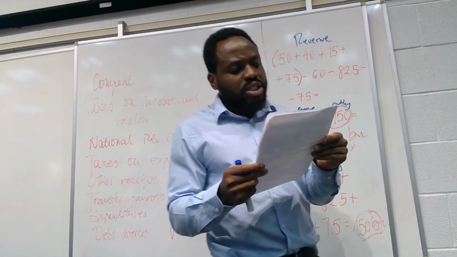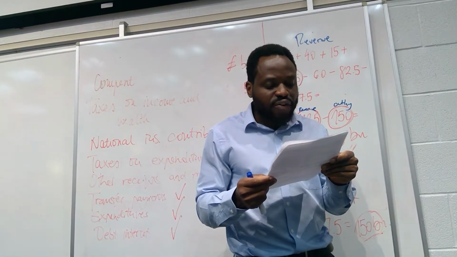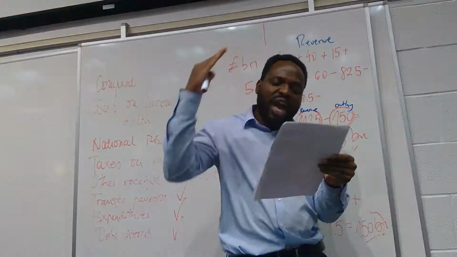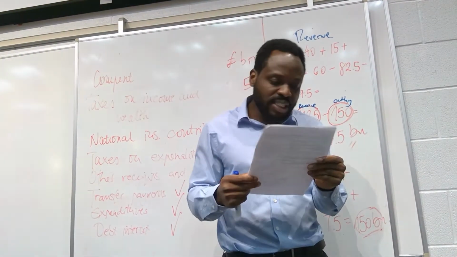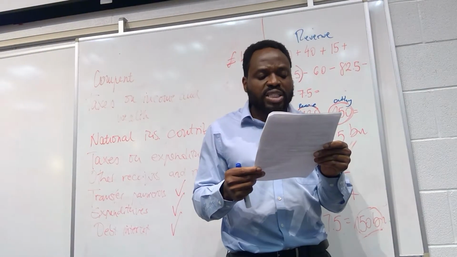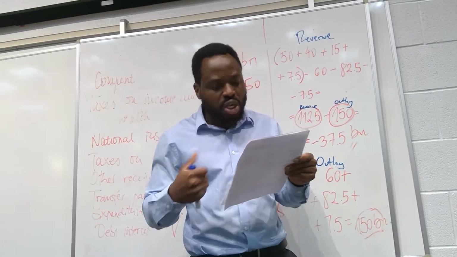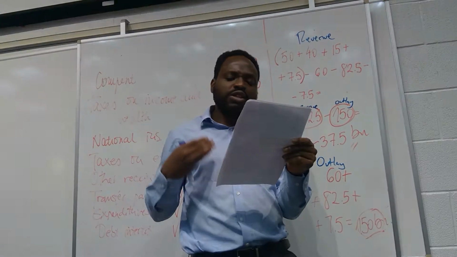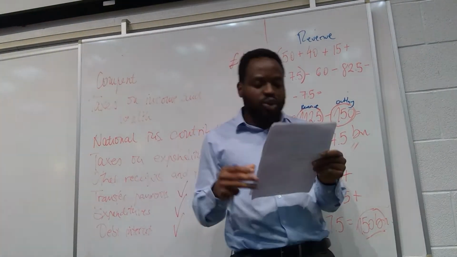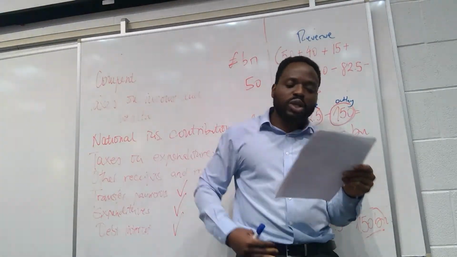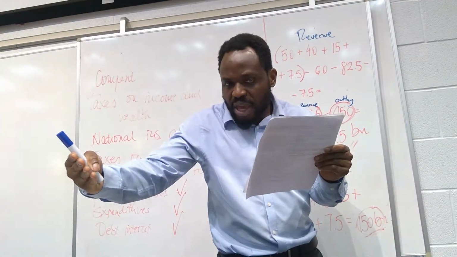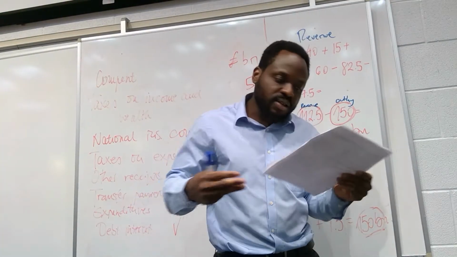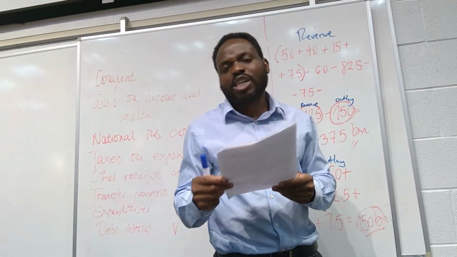Question 2 states, fiscal policy includes, and then we have a bunch of options there. Of course, the answer has to be C. C states decisions related to the purchase of government's goods and services, the value of transfer payments, and tax revenue. We know that fiscal policy has to do with government expenditure, transfer payments, so benefits and things like that, and of course, tax revenue.